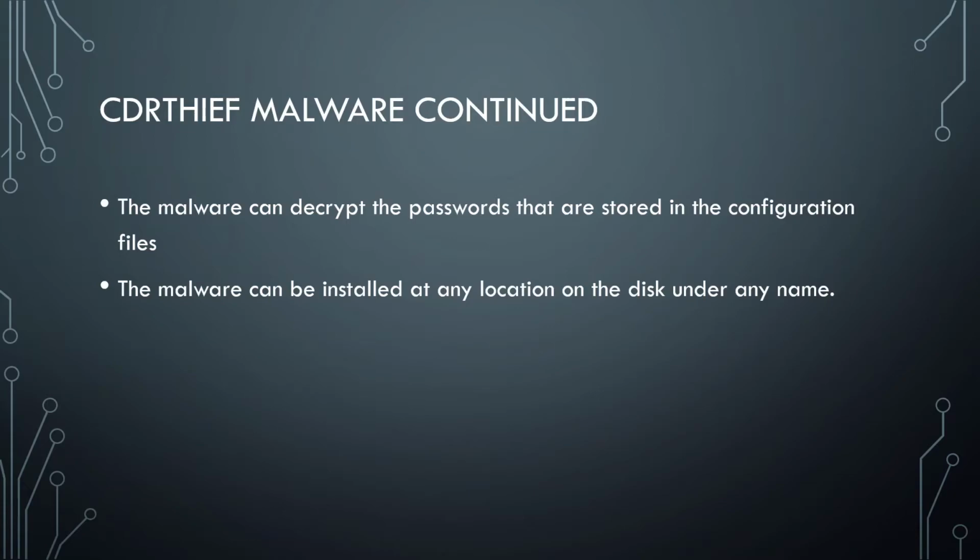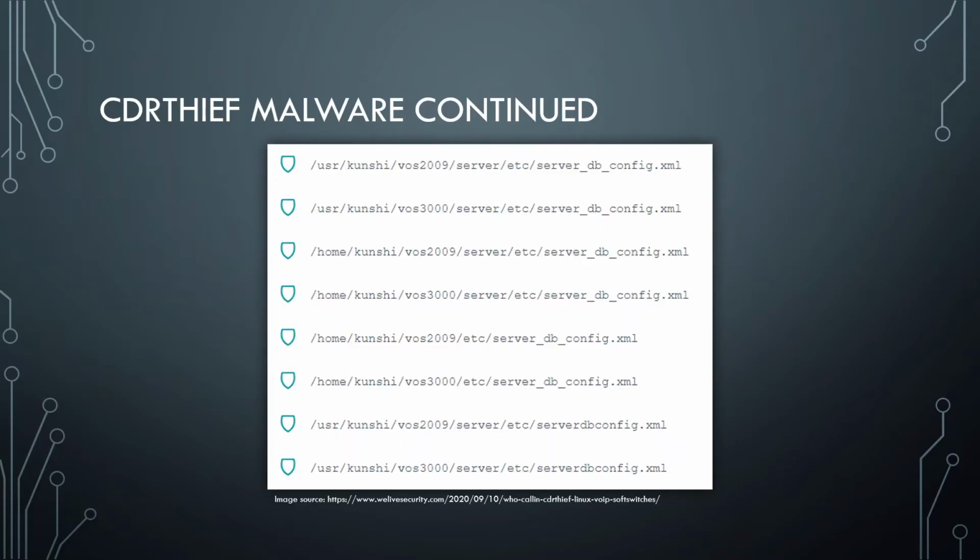There is a theory that if this malware continues to develop, it could actually be installed within the boot binaries. So right here are all the configuration files the malware was able to access to get the call records.